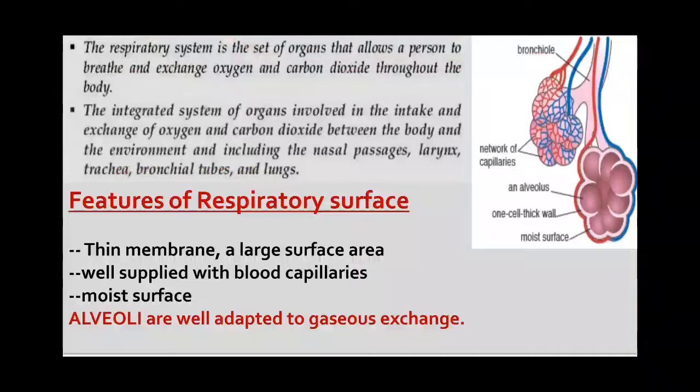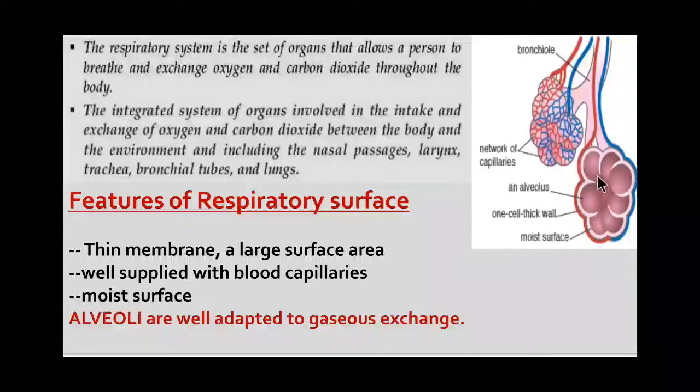Now what are the features of the respiratory surface? The organ having a respiratory surface is known as a respiratory organ. Okay, that means the alveoli provide a surface where the exchange of gases takes place. So let's see what the features of the respiratory surface are. Now the respiratory surface consists of a thin permeable membrane through which respiratory gases can diffuse quickly.